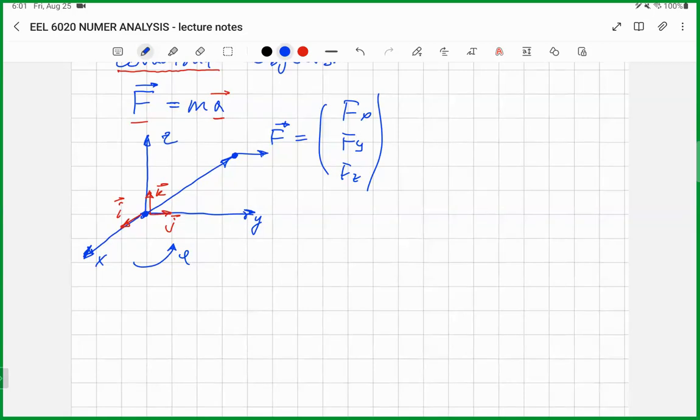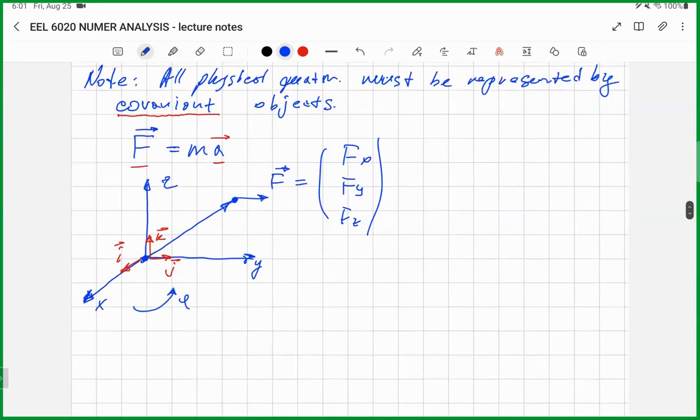Fx changes, fy changes, fz changes arbitrarily, but this concept of covariance dictates that the components of this object, this force, must change in a way to keep something invariant.